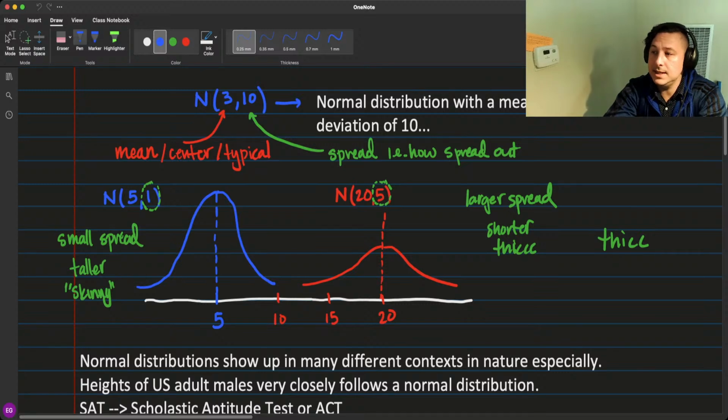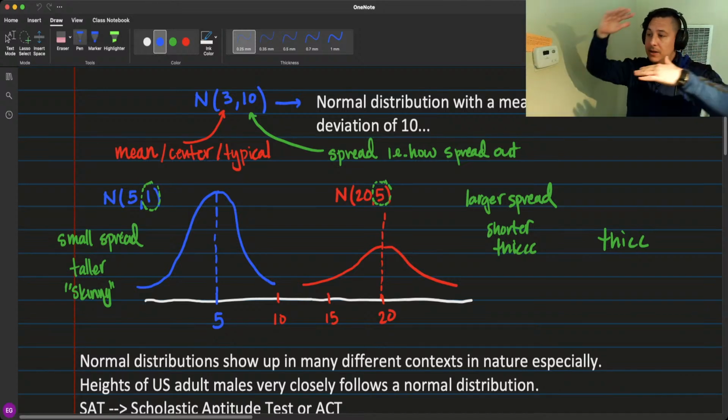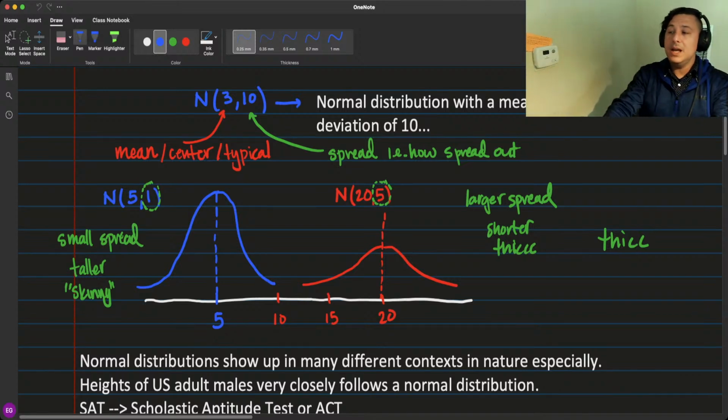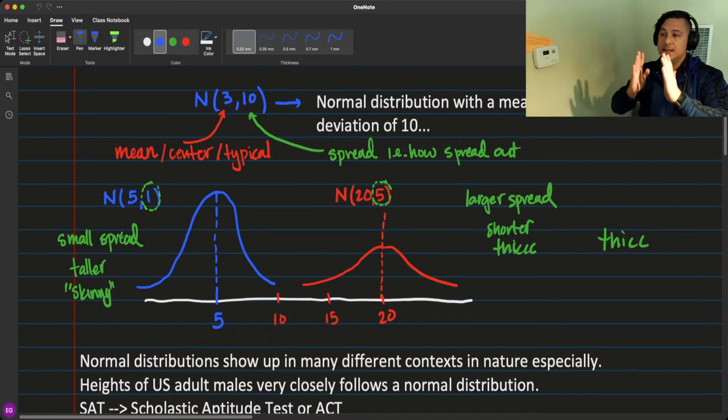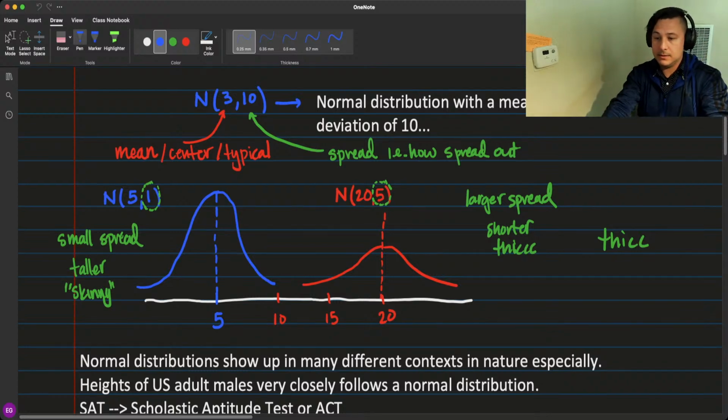The distribution with the larger spread is more spread out and shorter. The one with the smaller spread is taller, more compact around the mean, and not as wide.